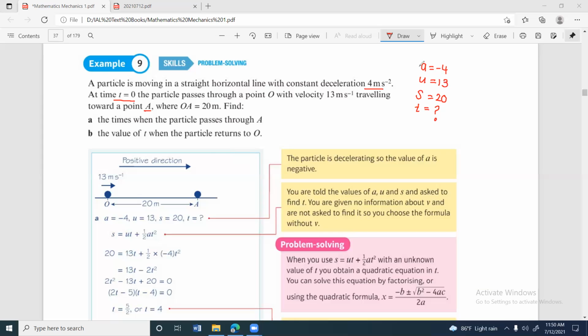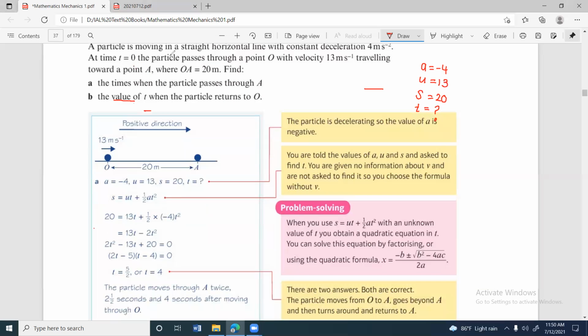I can apply the relationship between u, s, a and t. I will show you the working I have done here. Look at this: s is 20. Then ut, where u is 13 and t is the one we need to find, plus half a.